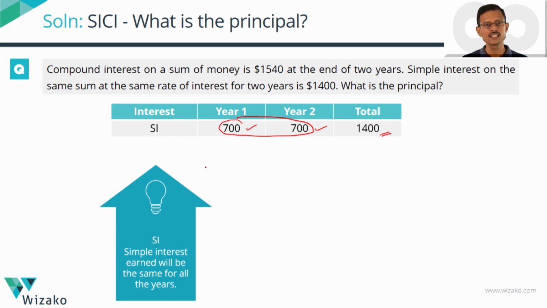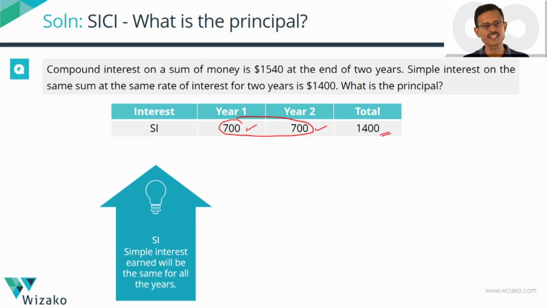Let's move on further. Let's look at compound interest. The compound interest earned was equal to $1,540. So we got additional money in compound interest. But hold on for a minute. When do you think this additional money would have come into the picture? Would it have come into the picture in the very first year? Or would we have got this additional sum of money only in the second year? Compounding happens only at the end of the first compounding period.